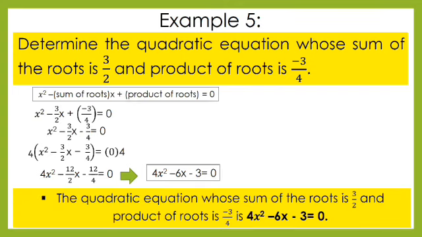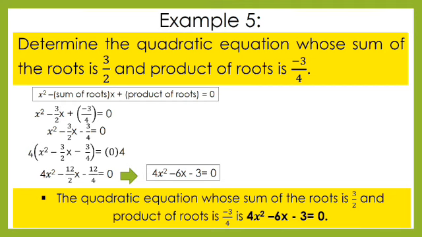Therefore, the quadratic equation whose sum of the roots is 3 over 2 and product of roots is negative 3 over 4 is 4x squared minus 6x minus 3 equals 0.